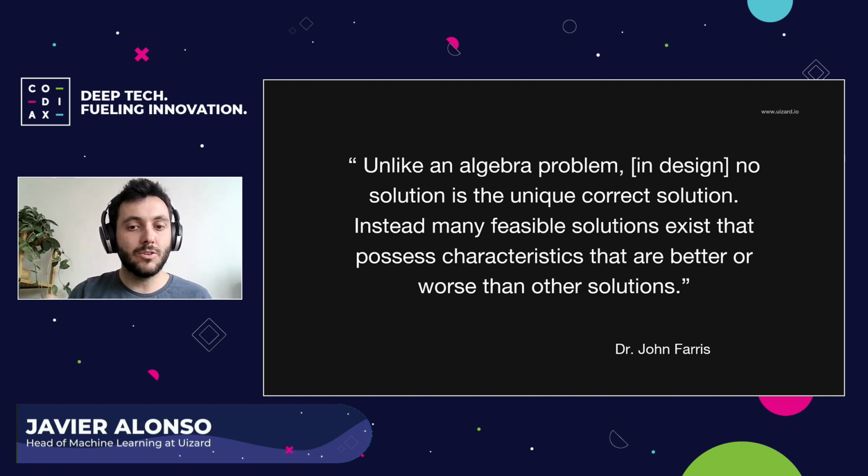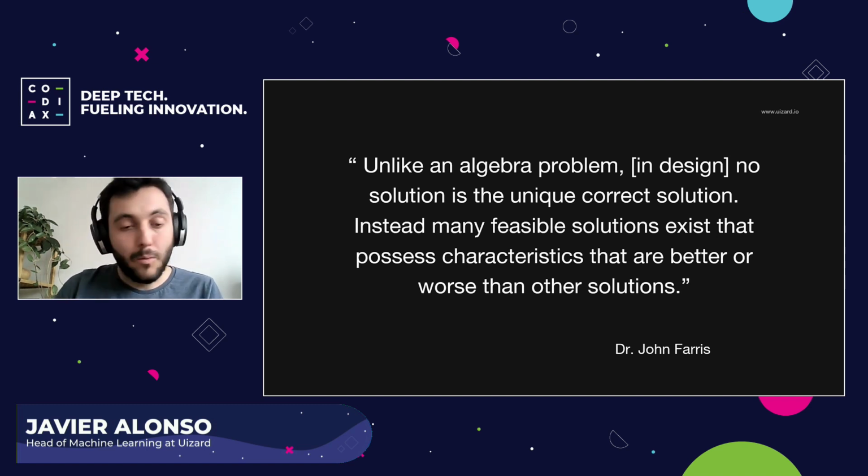Instead, many feasible solutions exist that possess characteristics that are better or worse than other solutions. And this realization really affects a lot of the approaches that you take when designing these machine learning pipelines. There are a lot of things that you cannot do and a lot of things that may become easier, but other things that become way more complicated.